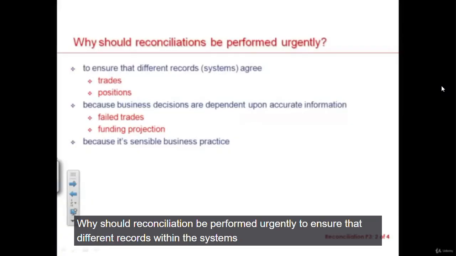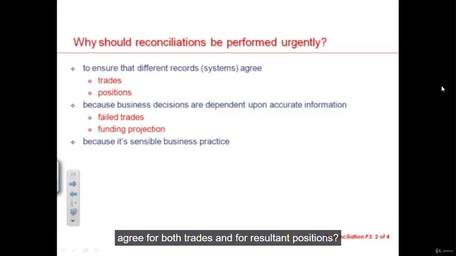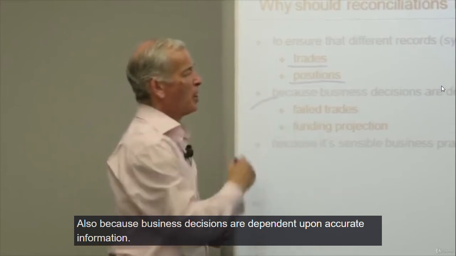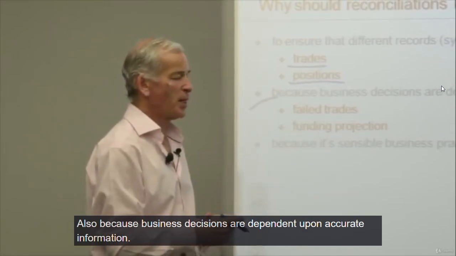Why should reconciliation be performed urgently? To ensure that different records within your systems agree for both trades and for resultant positions. Also because business decisions are dependent upon accurate information.